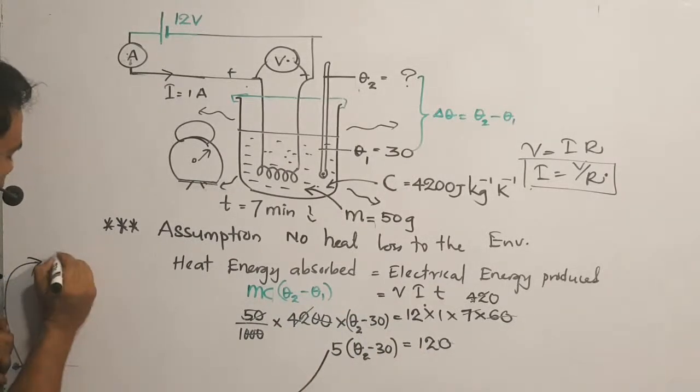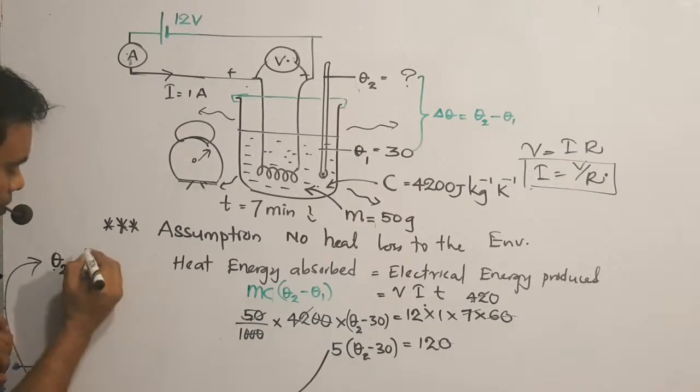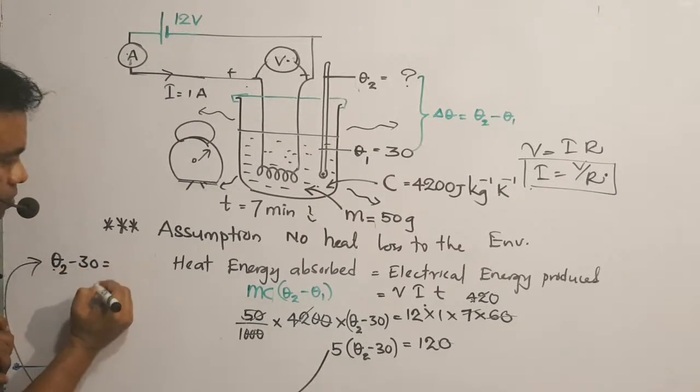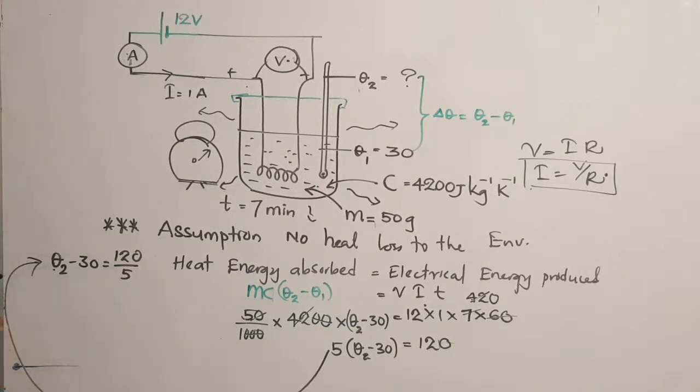Then theta 2 subtraction 30 equals 120 upon 5. What value do we get here? 120 upon 5.